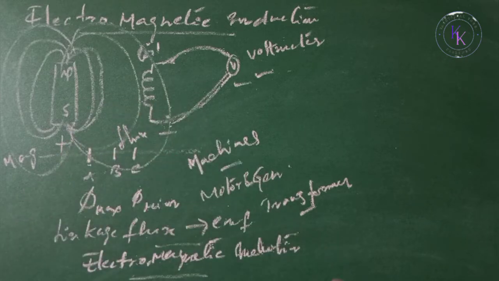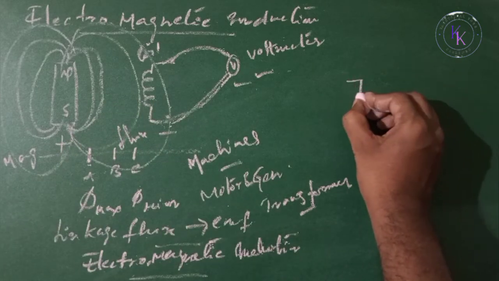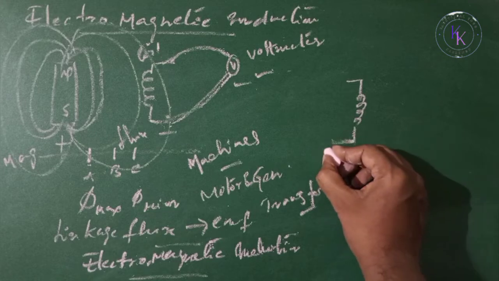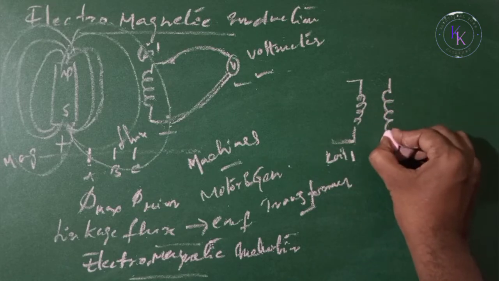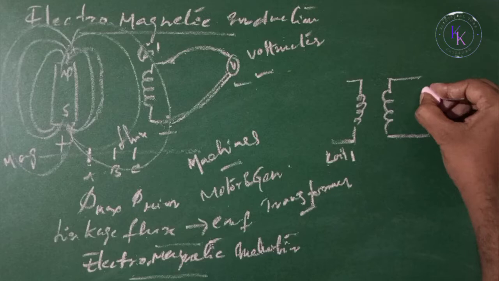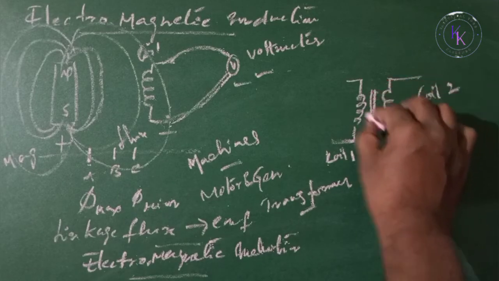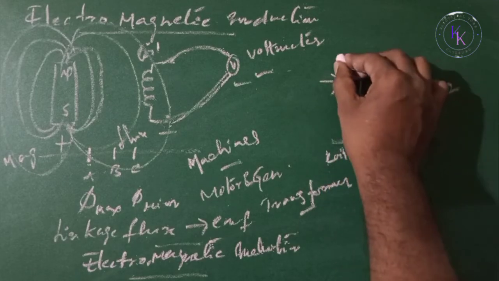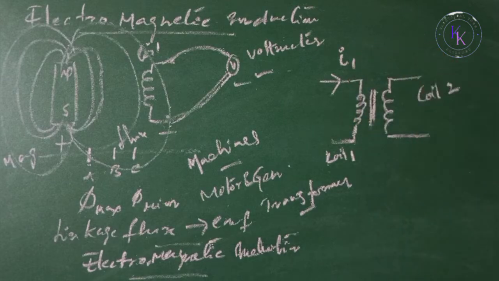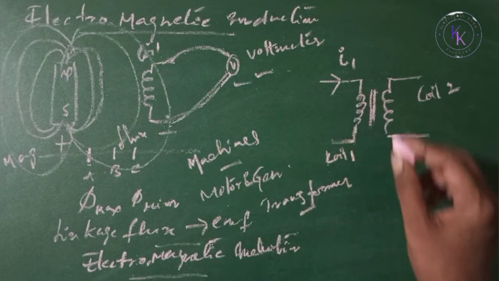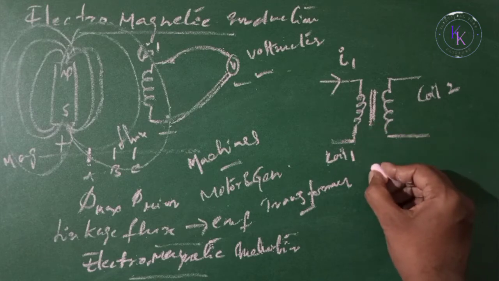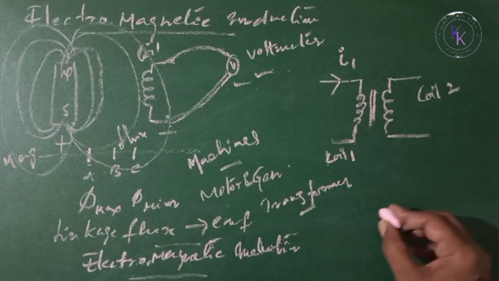Now we'll consider case 2, where we have two coils. Let one be coil 1 and the other be coil 2. If an alternating current I is flowing through coil 1, then the change in the current is going to cause a change in the flux in coil 1.